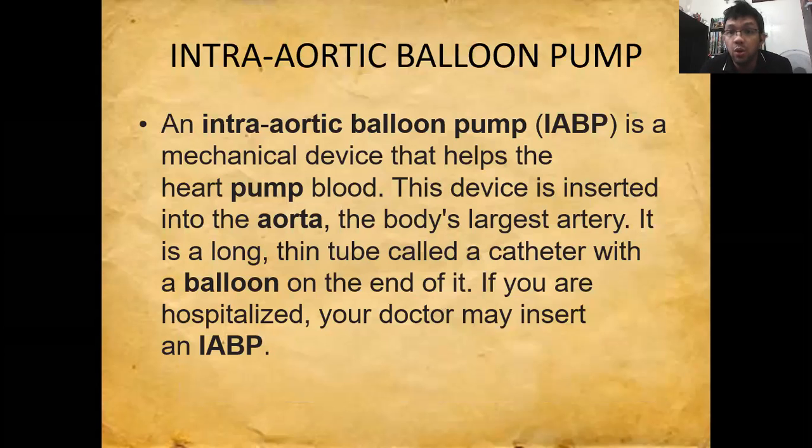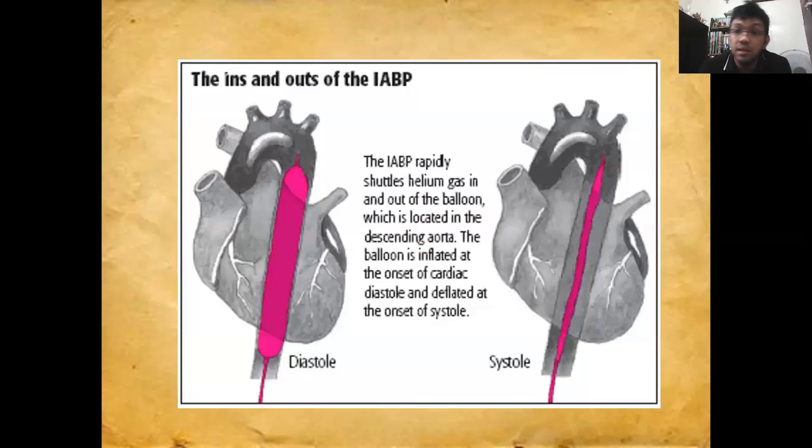Another is the intra-aortic balloon pump, the IABP. Again, this is a mechanical device that helps the heart pump blood. This device is inserted into the aorta, which is the largest artery in the body. It is a long, thin tube called a catheter with a balloon on the end of it. So it looks like this.